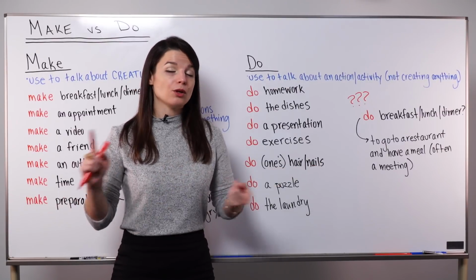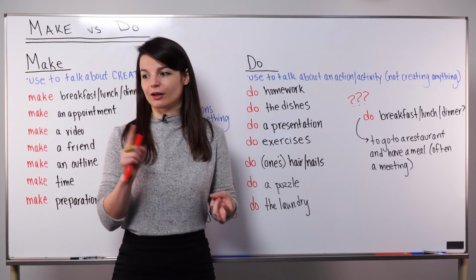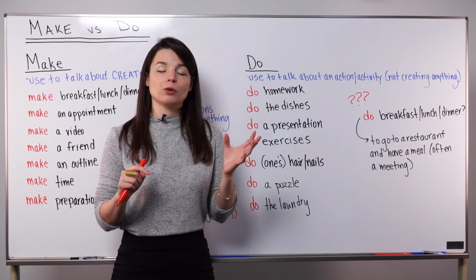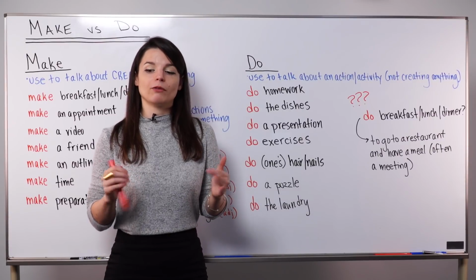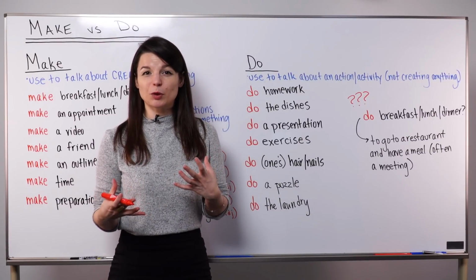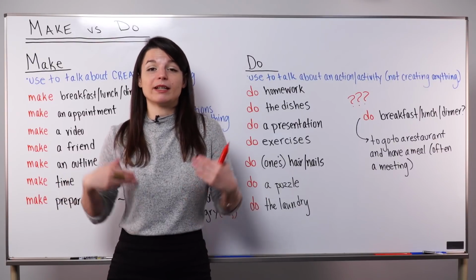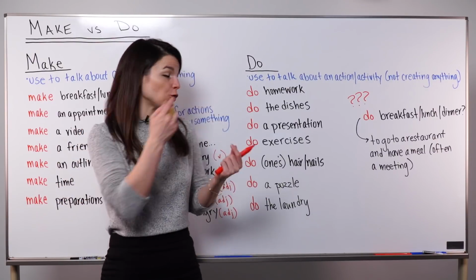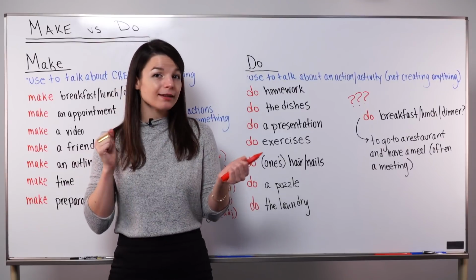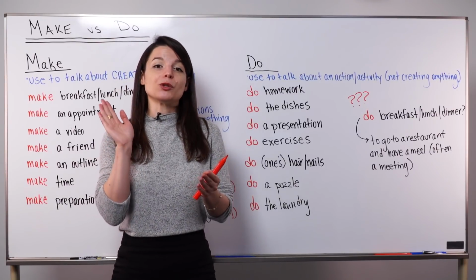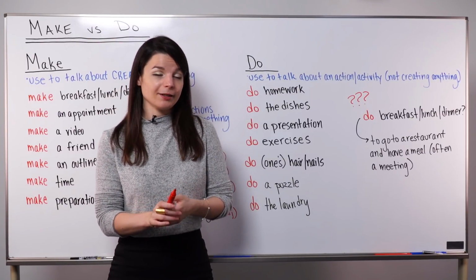We do not use do basketball or do soccer or do tennis. We use play for those. So if you want to talk about those kinds of sports that maybe don't use a ball, or it's not a team sport, but it's just activity-related, like do exercises or do aerobics, you can use do to talk about that.